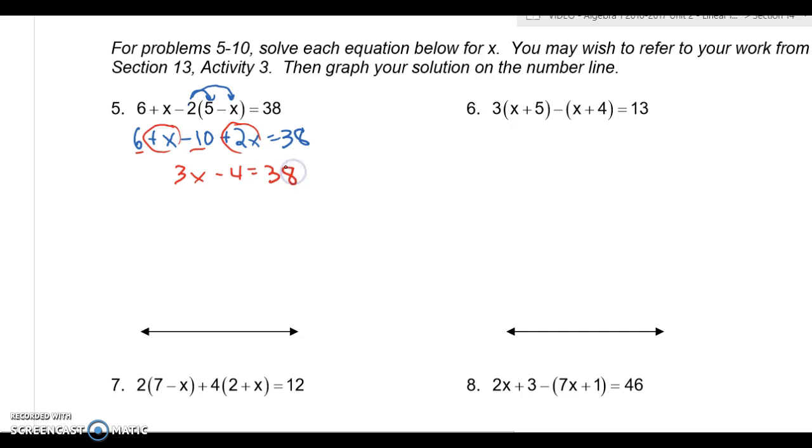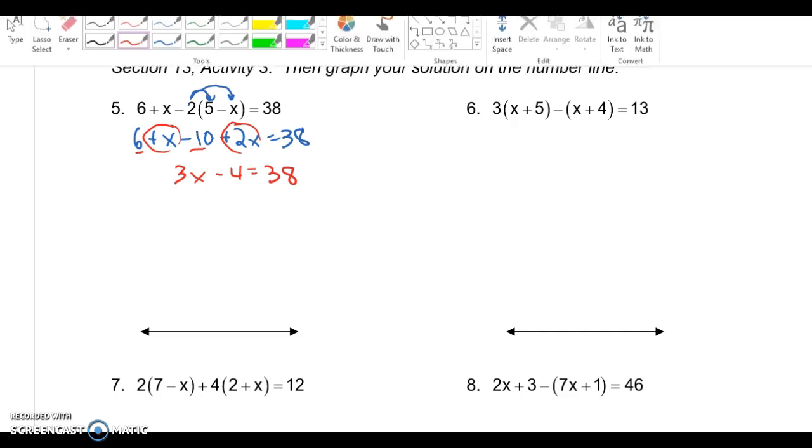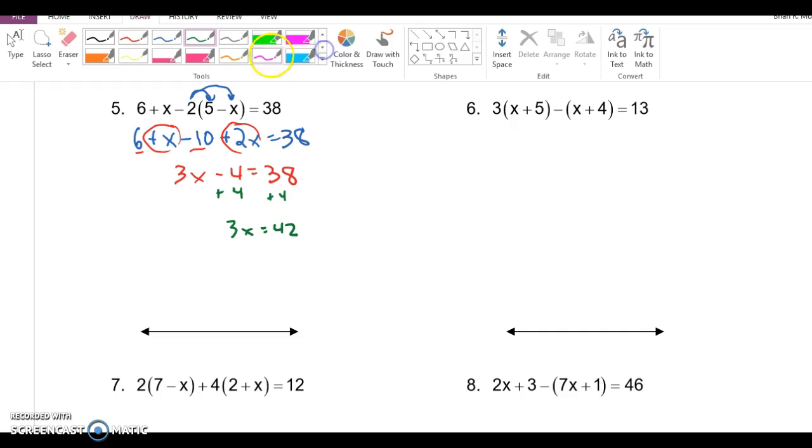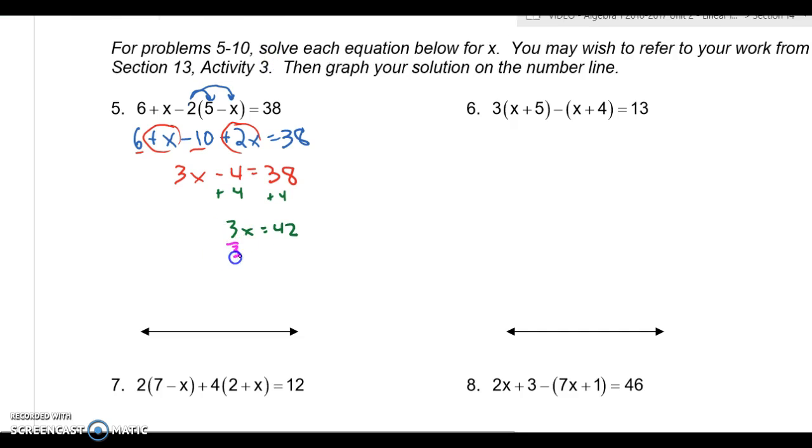And that equals 38. At this point, I can apply reversing operations. So I see that negative 4 I want to reverse by adding 4. And then I'm going to divide by 3. There we go. And I'm going to get x equals 14. So that's my solution, 14. I'm going to put that on my number line and graph it.